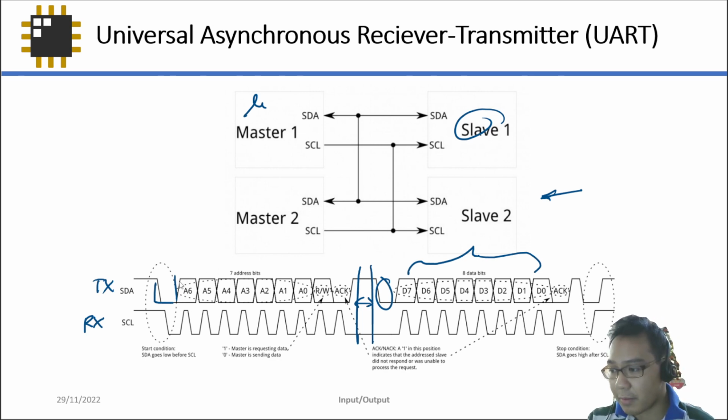For every cycle after that, the SCL has to go low before the SDA. If the SCL goes high before the SDA, then the communication stops. This is also a stop condition, if you can see. So that's it for UART.